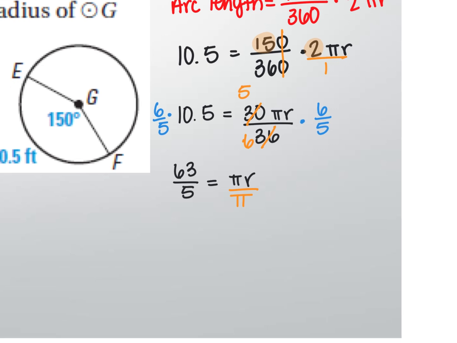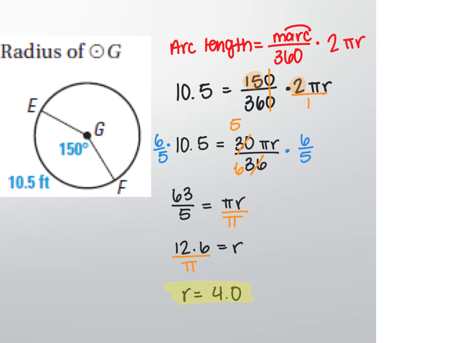So I'm going to change it to 12.6 over pi equals r. And they want me to solve it and evaluate it. So my radius is going to equal 4.0 as my answer. Again, we could have solved this different ways as long as we're getting to the same answer.